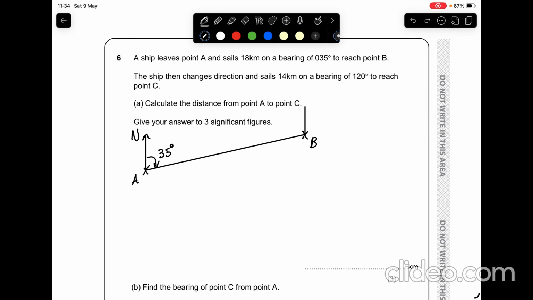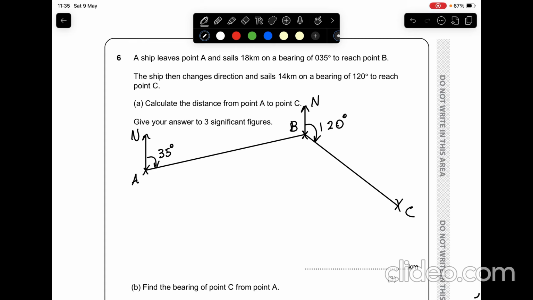Now, from B, we're also travelling from due north. We are travelling 120 degrees from due north clockwise down to point C. I can label point B on there. So that's 120 degrees there.